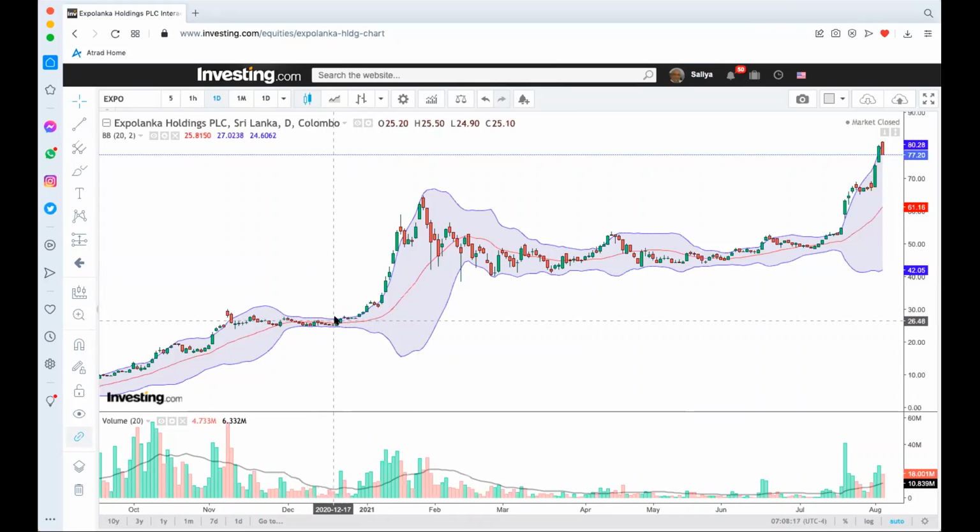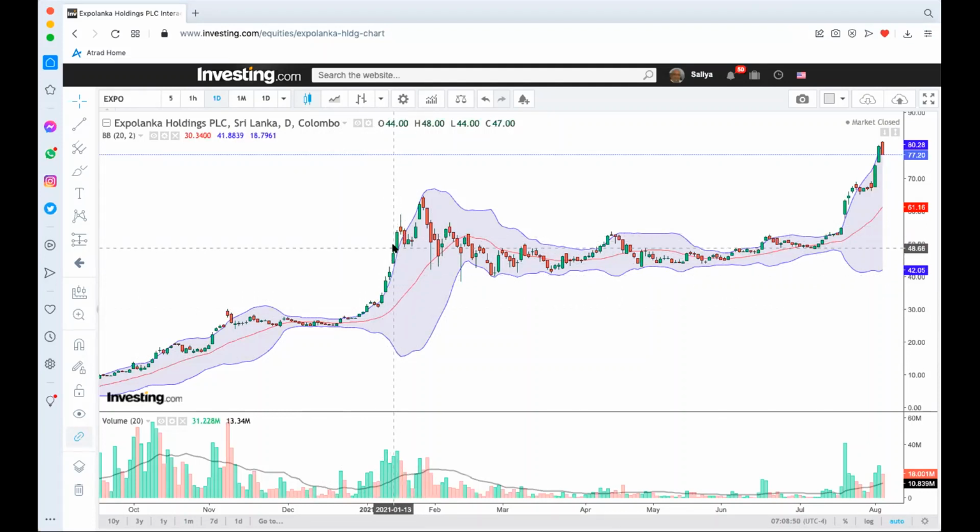Once that takes place, you can see along with the prices, where the prices are increasing with higher lows and higher highs, that the upper line is expanding or moving away from the middle line. At the same time, the lower line is also turning upside, following the trend. Thereafter, we can see that the prices are moving away from the upper line.